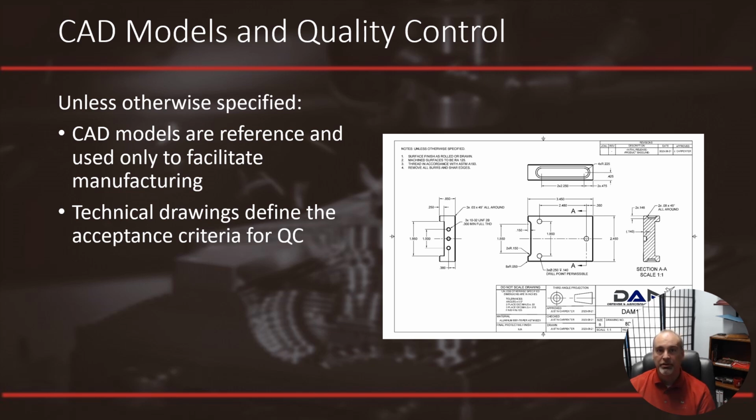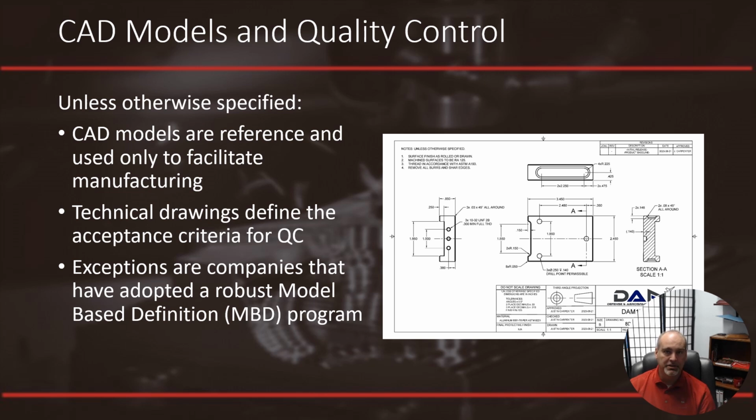The only exception, and there are a few companies adopting this, is that they've adopted a robust model-based definition program. When I say program, it's not software. It's a program for the company. When I was at Aero Metals, I wrote the model-based definition plan so that we could do work for Boeing Missiles in Space, which no longer creates drawings.